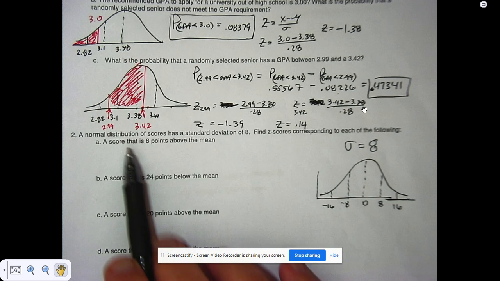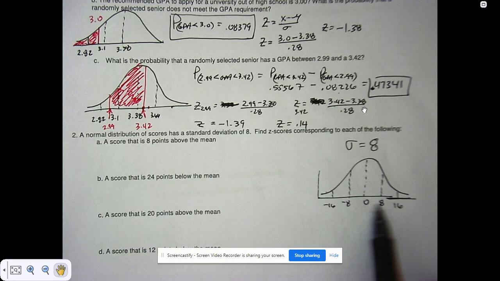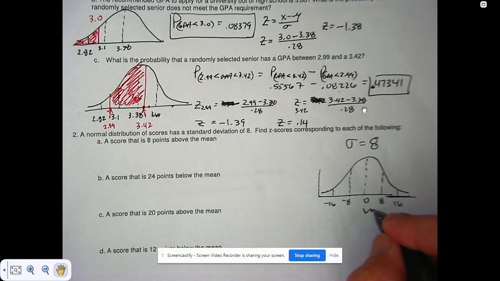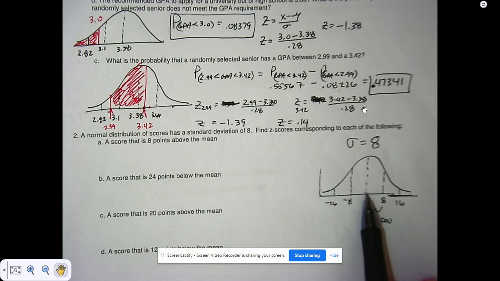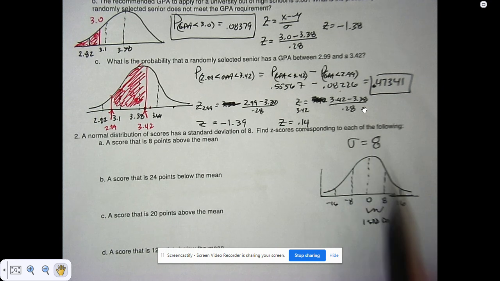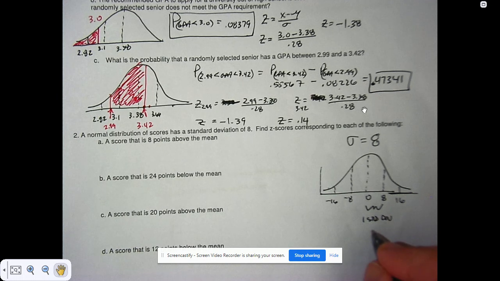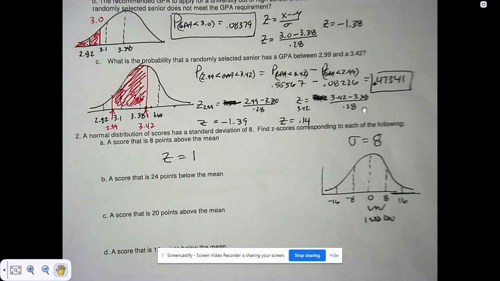Now, I want a score that is 8 points above the mean. 8 points above the mean would be right there. Well, that means it's 1 standard deviation. The distance between 0 and 8, when the standard deviation is 8, is 1 standard deviation. And that's what the z-score is. Z-score is the number of standard deviations. So my z-score there would be 1.